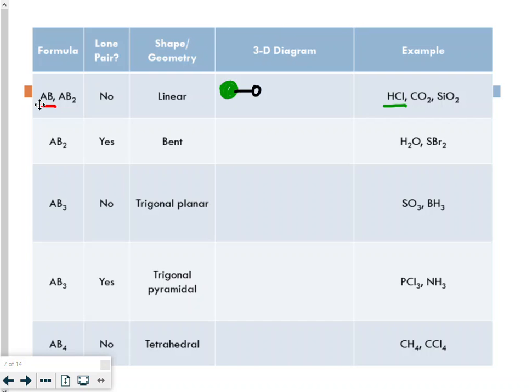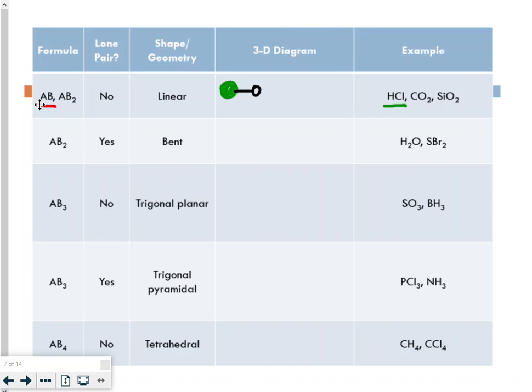However, there are other ones that can also be linear. It's an AB2 arrangement. It means it has two ligands attached to the central atom. And carbon dioxide is one of these examples. Okay. As you can see, you remember drawing carbon dioxide, it has two double bonds, but it creates a linear shape.